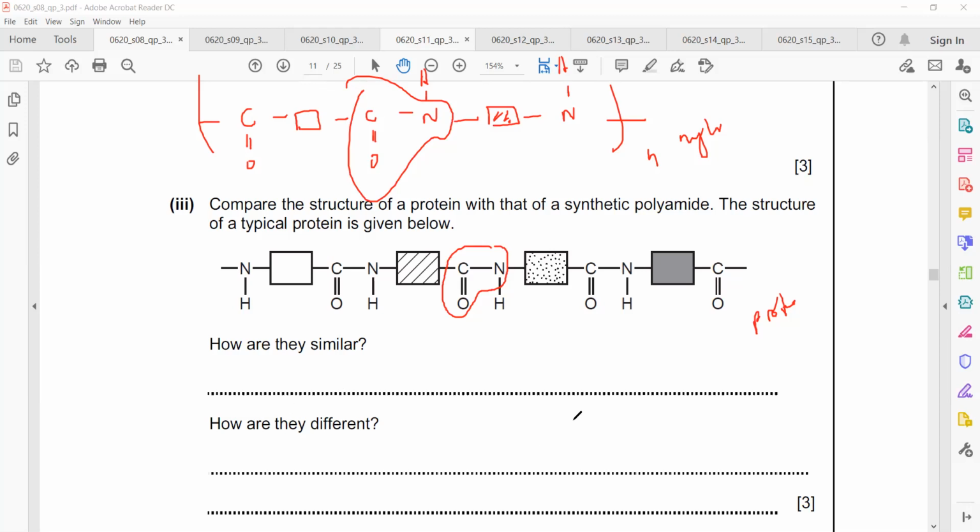How are they different from each other? Nylon is only formed by two monomers. Yeah, that's right. Protein has many monomers, whereas nylon has only two monomers.